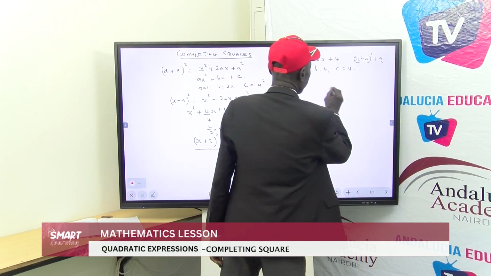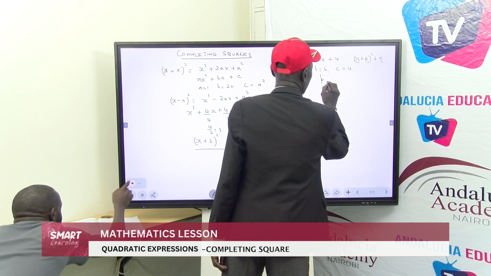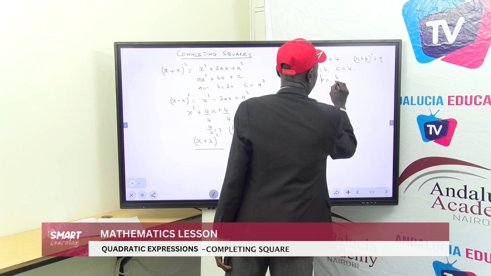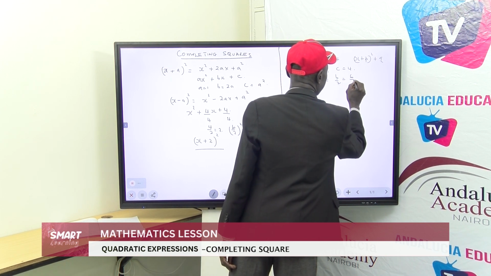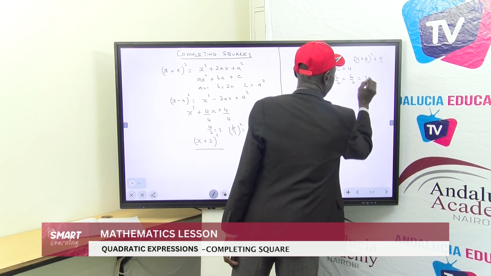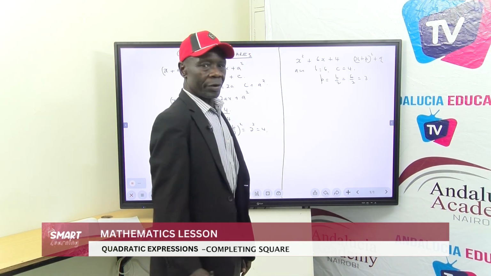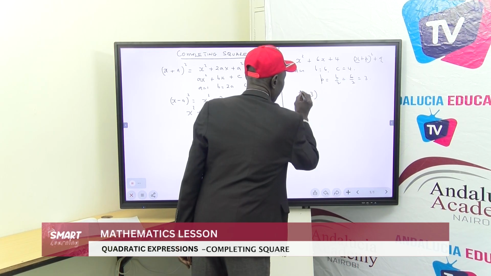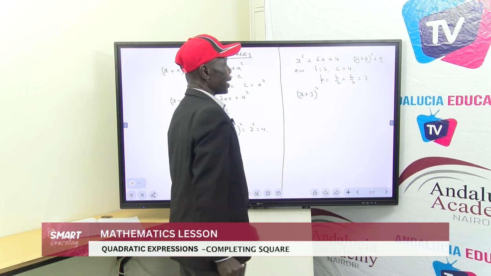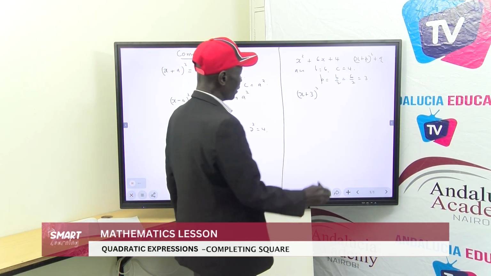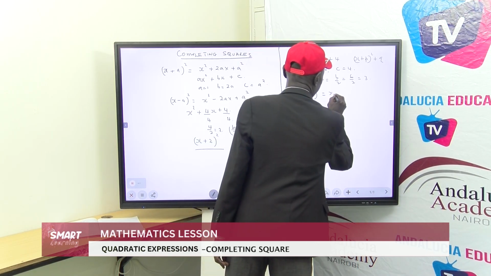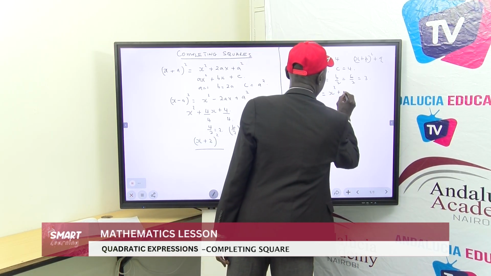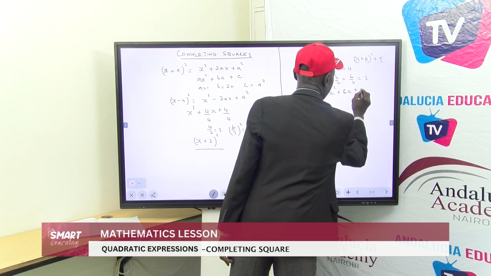So that my p is going to be equal to b over 2, which is 6 over 2, and I get 3. Now, if I write x plus 3 squared and I expand it, I'm going to have x squared plus 6x plus 9.